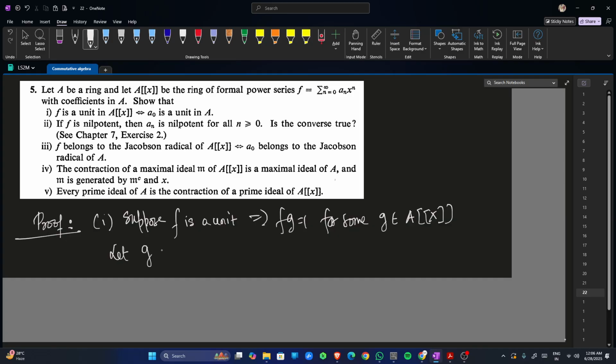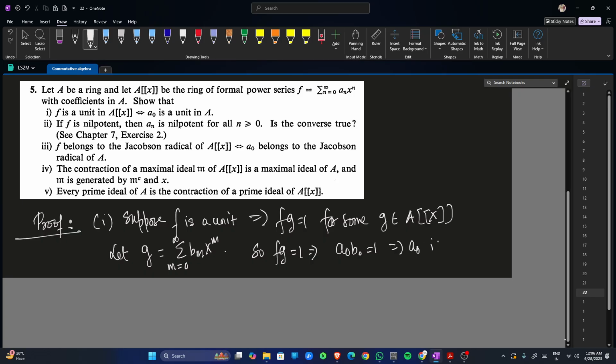Let g be the sum of b_m x^m, m equal to 0 to infinity. So fg equal to 1 gives a0 b0 equal to 1, this implies a0 is a unit. I am just comparing the coefficients from both sides.